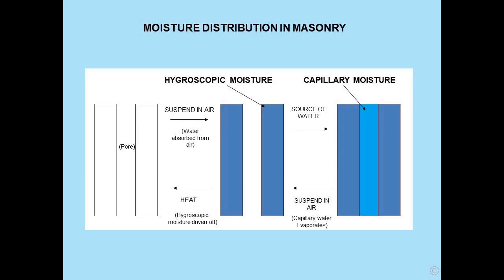However, if we stop, suspend it in air, then it will simply evaporate and we come back to our standing hygroscopic moisture, our air-dry moisture content. And that's where we hopefully find a dry material. However, the only way we will maintain a truly dry material is to put it in an oven and heat it. And that's where we will get back to our purely dry material.